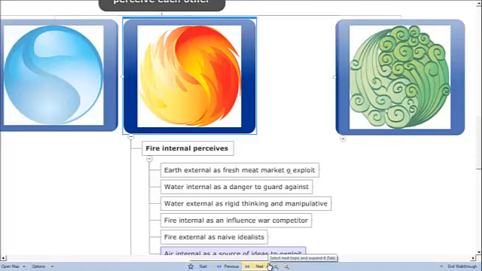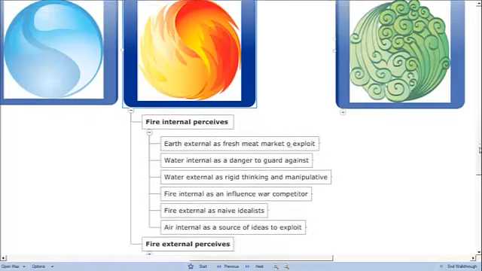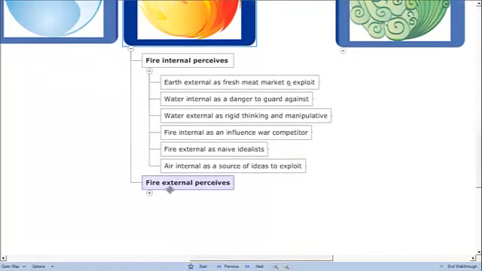It perceives water external as rigid thinking and manipulative. It perceives fire internal as an influence war competitor, a competitor for influence. It perceives the same level, or the next level, fire external as naive idealist. And it perceives air internal as a source of ideas to exploit.